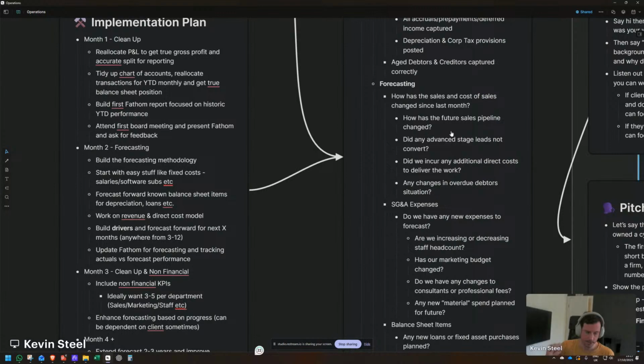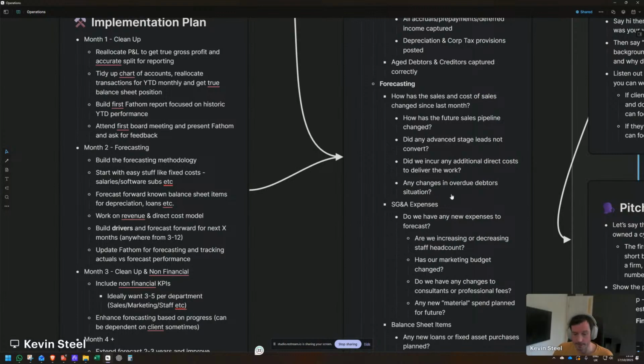So 100% would be clients signed the contract, we'll be sending their first invoice out in X number of weeks or months. 75% confidence means we're at very advanced stages and there's a really good chance the client's going to sign this contract and we will start working with them over the next few months. 50% is advanced stage negotiations, still some questions going back and forth, but probably a 50-50 chance we will sign this client. And then 25% confidence, which is very early stages.